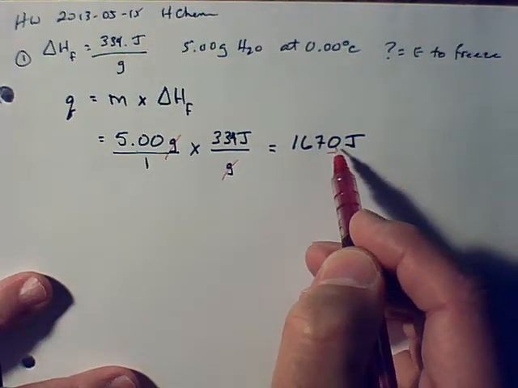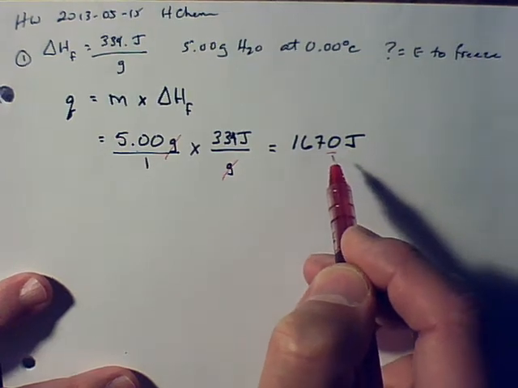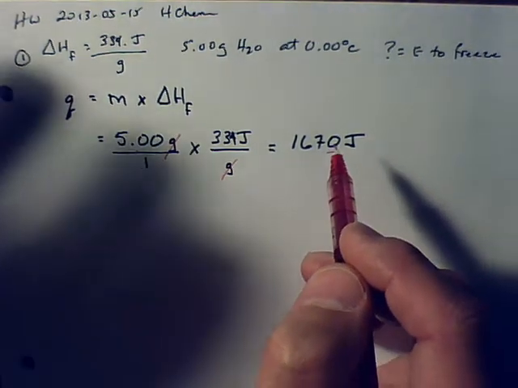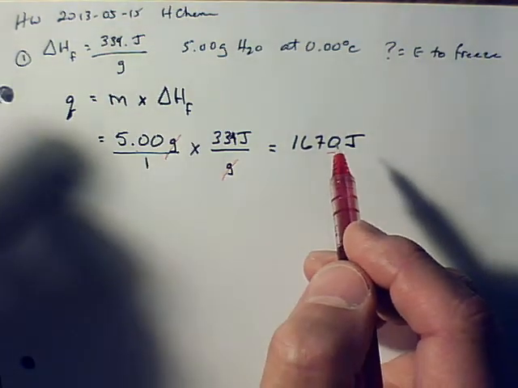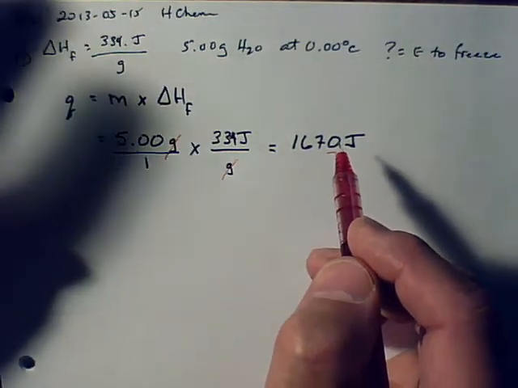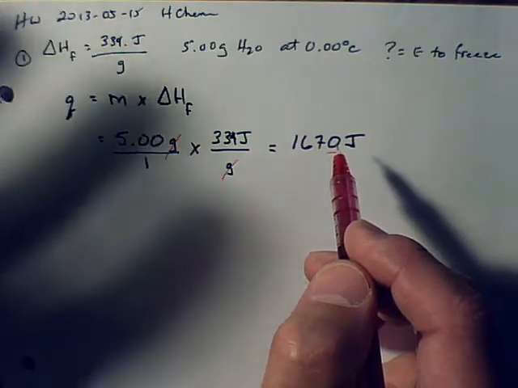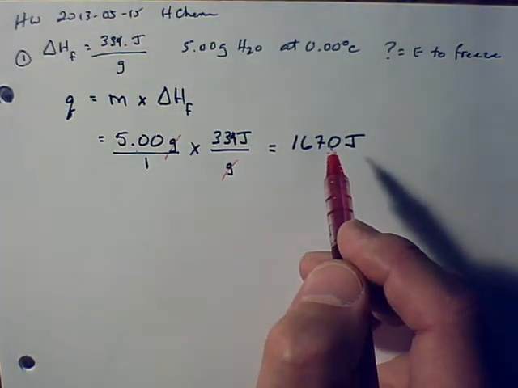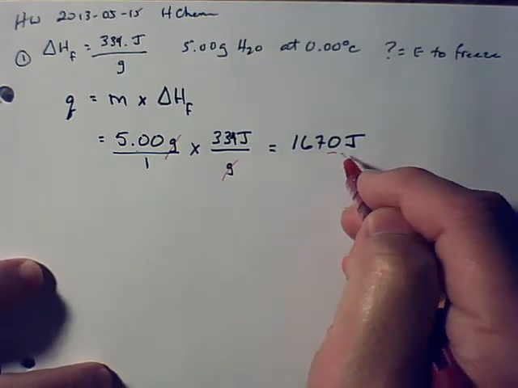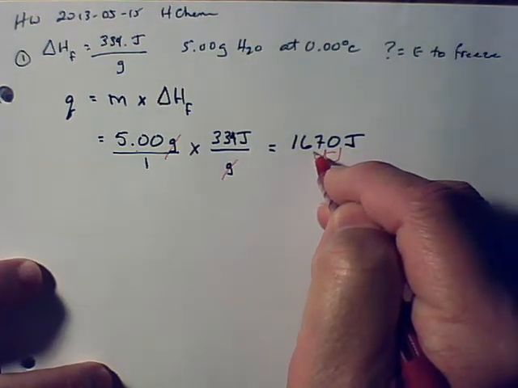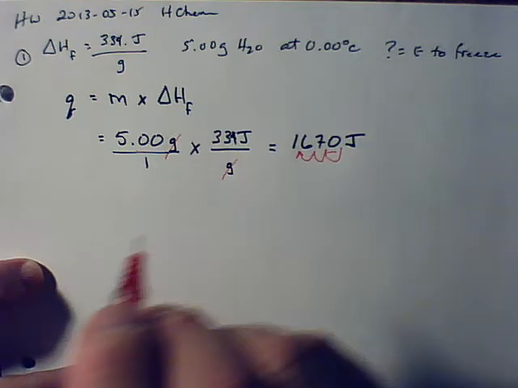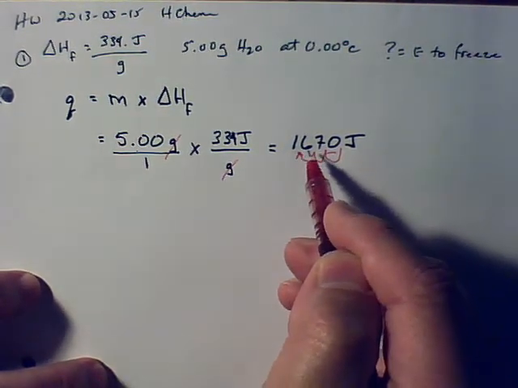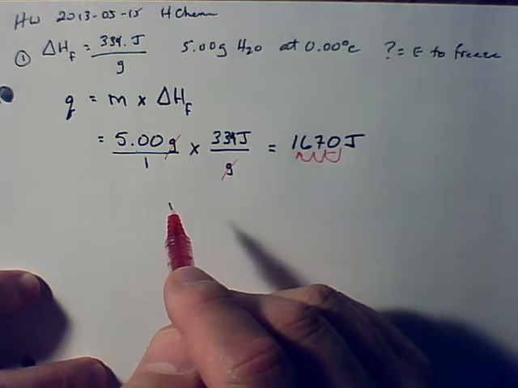Now, anytime you have an insignificant digit in the ones place, you must write your answer in scientific notation to show the answer to the correct order of magnitude. So we're going to move the decimal place 1, 2, 3 places. In scientific notation, the decimal place must go between the first and second non-zero digit.